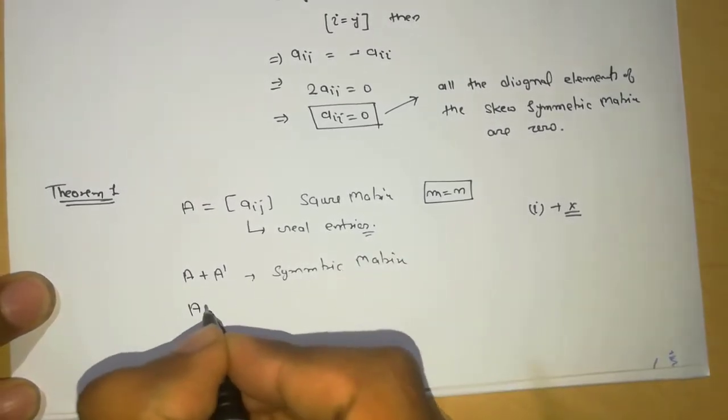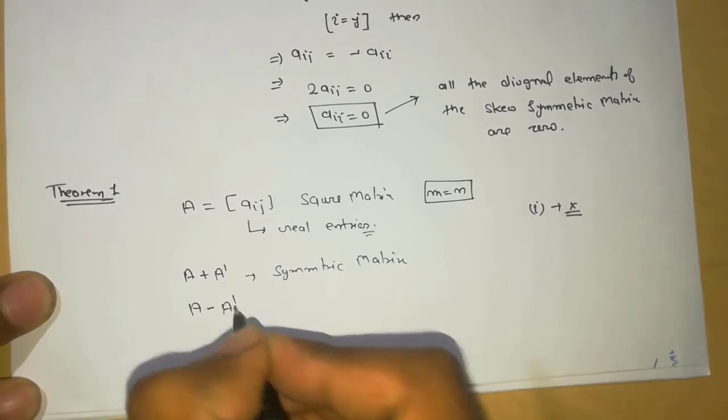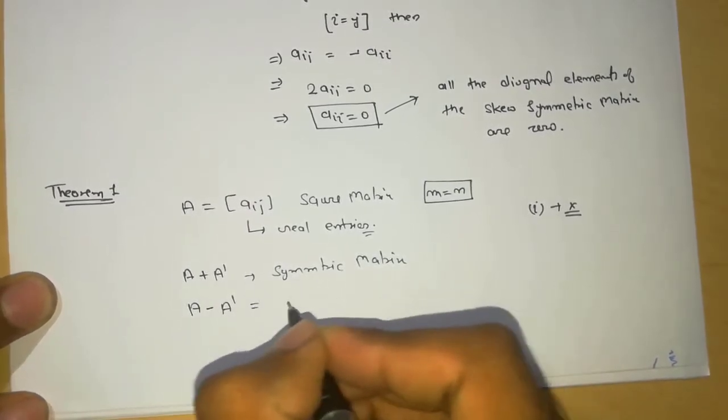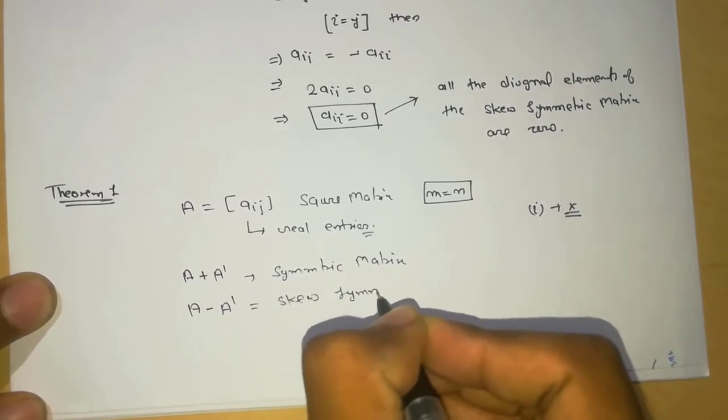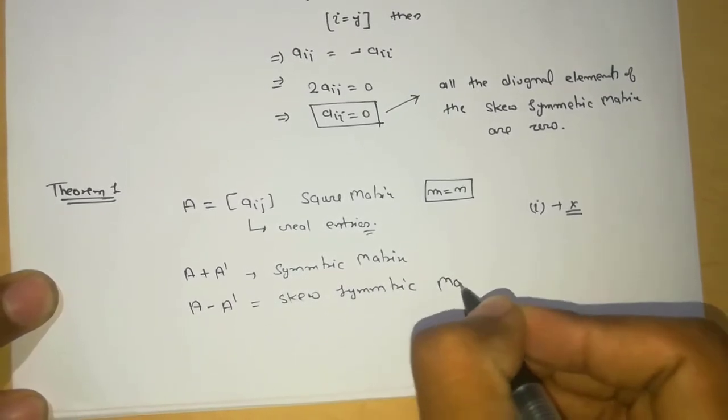And A minus the transpose of A is a skew symmetric matrix.